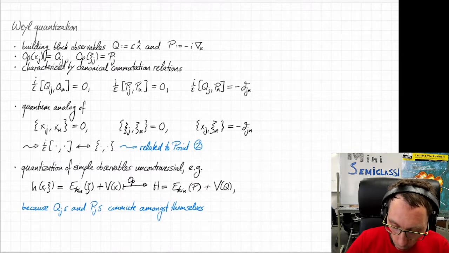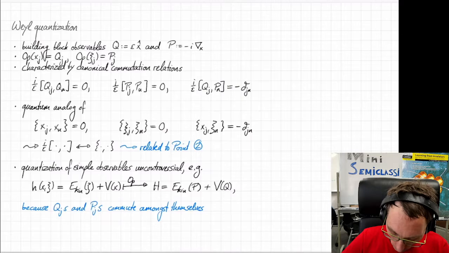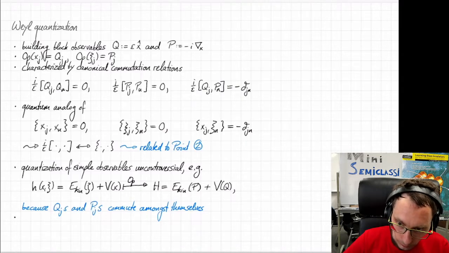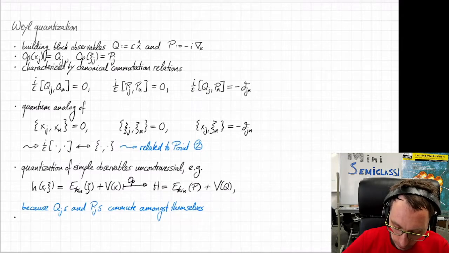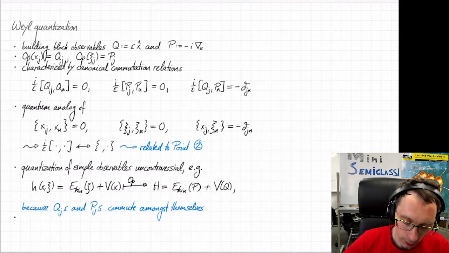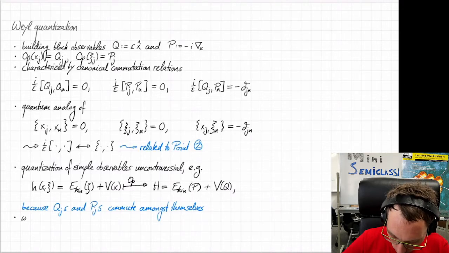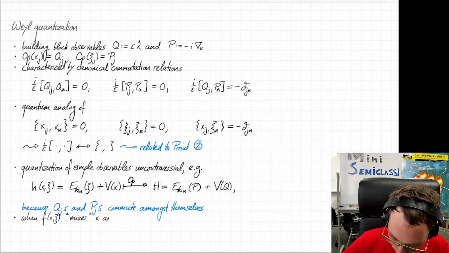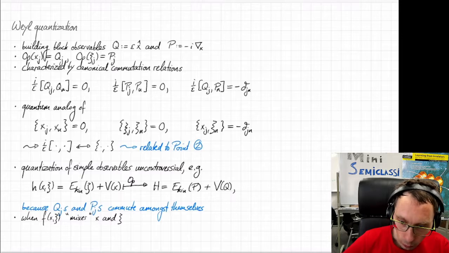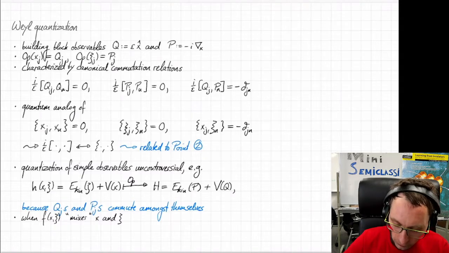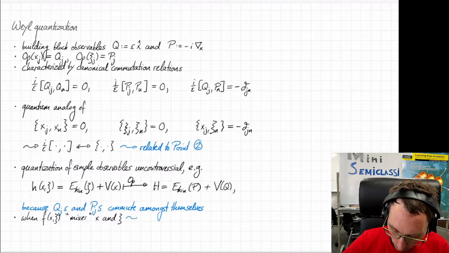And now for all other operators, well, for the case where the function, so to speak, mixes x and psi, we run into what physicists call the operator ordering problem.